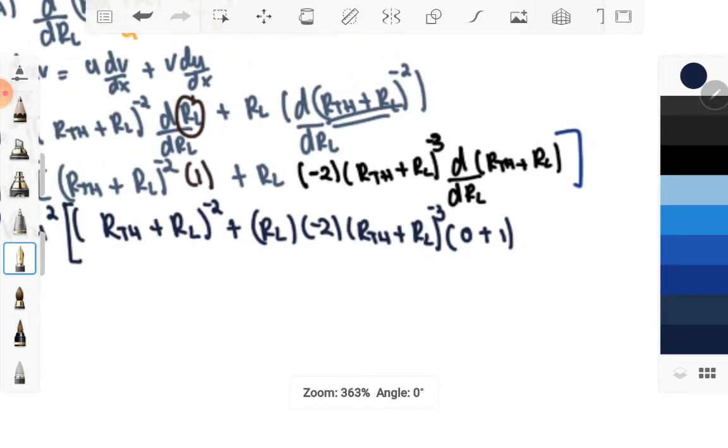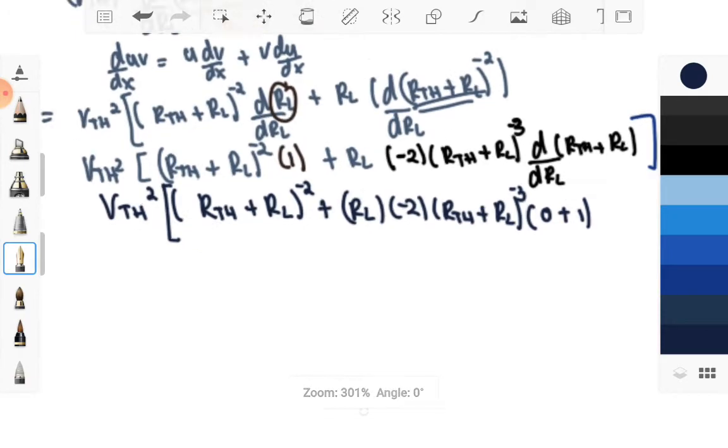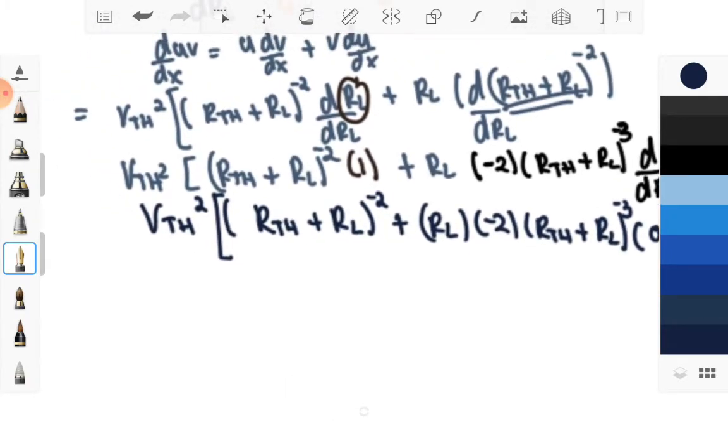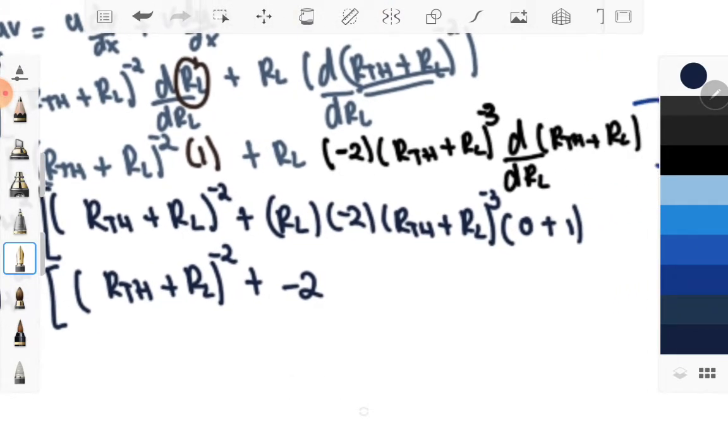So, why is RTH 0? We defined that your RTH and VTH are constant. So, we have a value later on equal to VTH squared, okay, times (RTH plus RL) raised to negative 2 plus negative 2 RL, so divided by our (RTH plus RL) raised to 3.